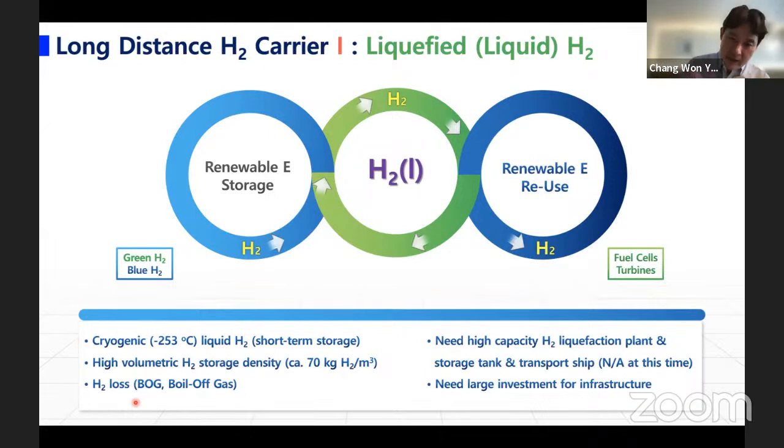Heat must come in, and the temperature will rise above 20 Kelvin. Then the liquid hydrogen will be boiled, right? So the boiled-off gas is simply lost. That's one of the issues.